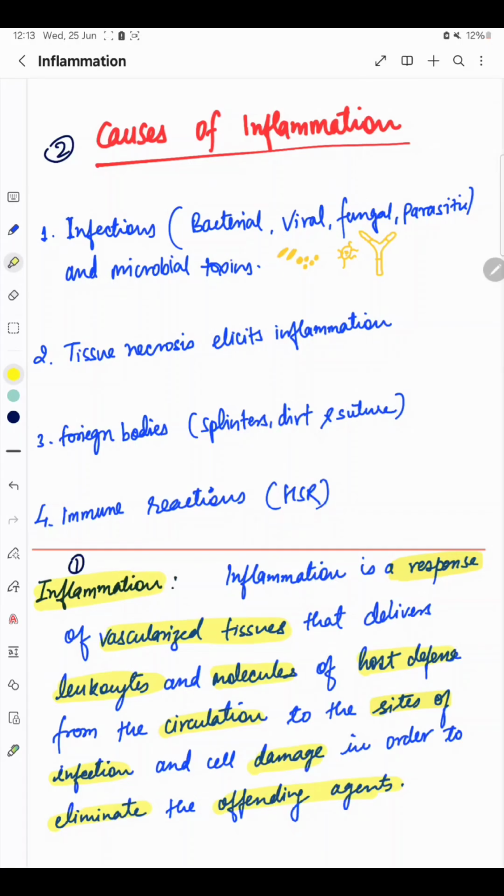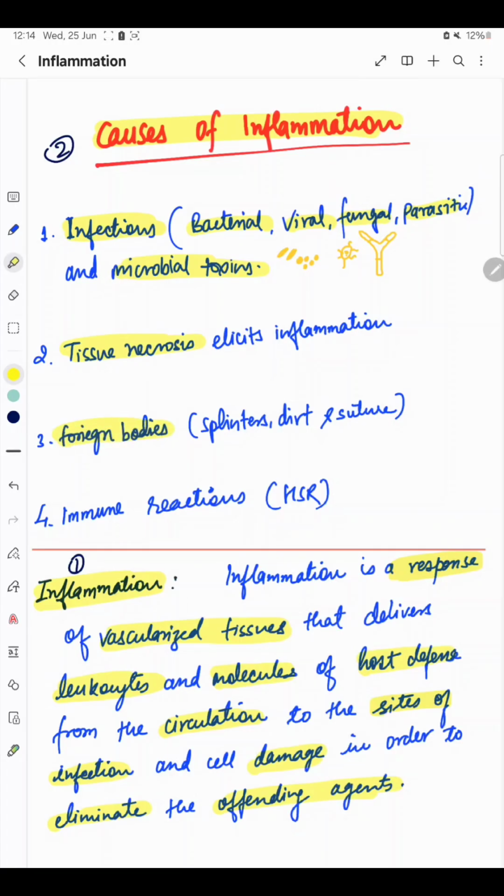What are the causes of inflammation? There are numerous causes of inflammation. Broadly, they can be infection like bacterial, viral, fungal, parasitic infection or microbial toxins. Tissue necrosis may elicit inflammation.